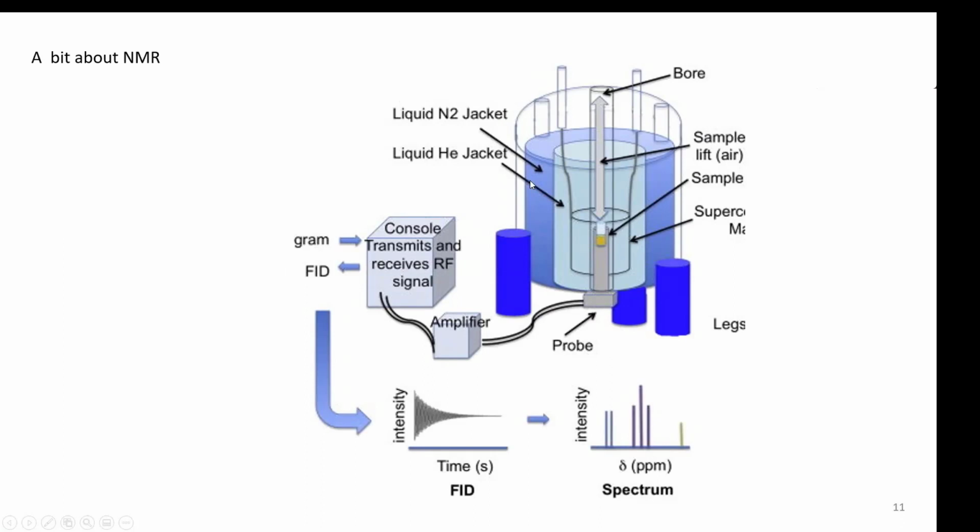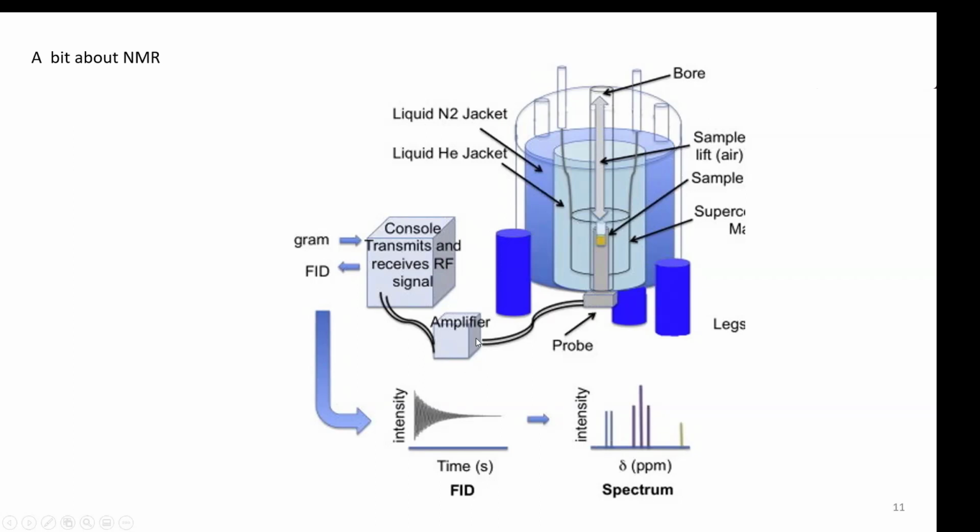This is a little bit about how NMR works, and some of you guys are taking or took Chem 133 instrumental analysis before, so probably you have seen a similar schematic about the NMR. So basically, it's a control system that generates a radio frequency signal.